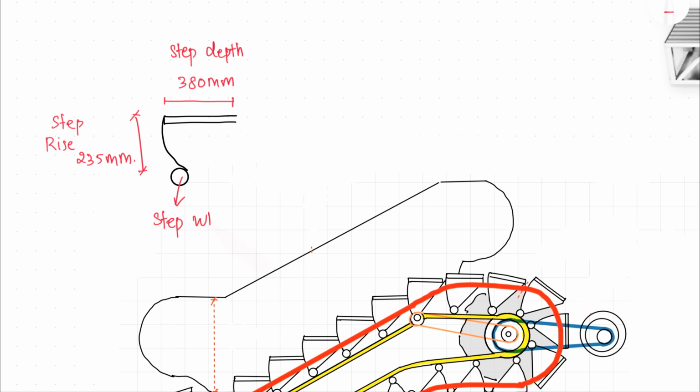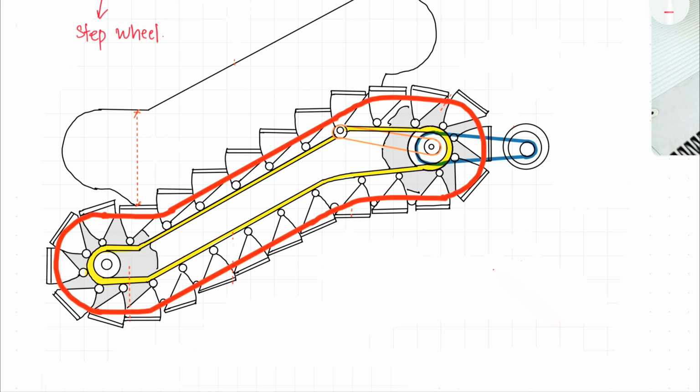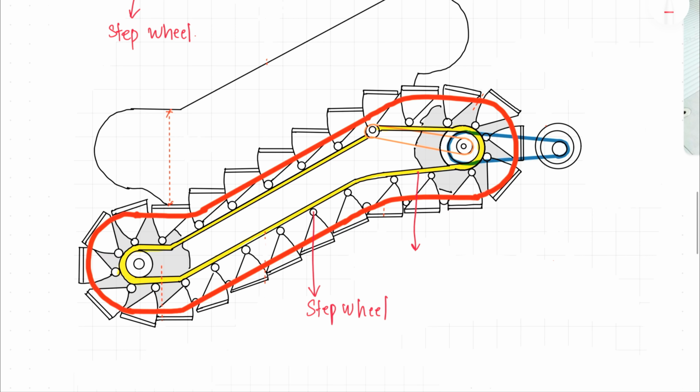Now if you imagine another step that is attached to this, you will have another wheel attaching steps together. Okay, so this wheel is attached to the steps and two steps are attached together by another set of wheels. Okay, so if we see this in the mechanism here, this yellow color track that moves along is the track for the step wheel, and this ensures that the steps are horizontal.